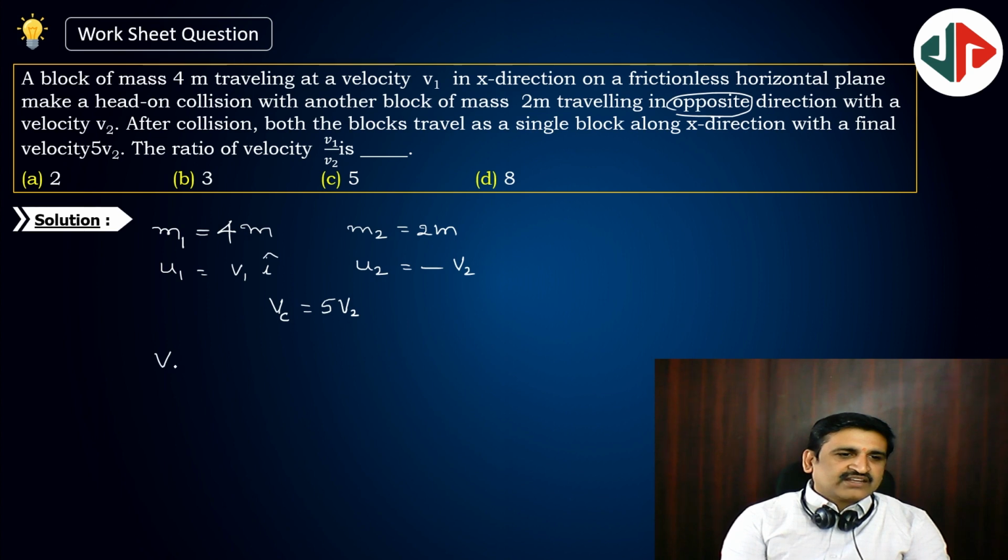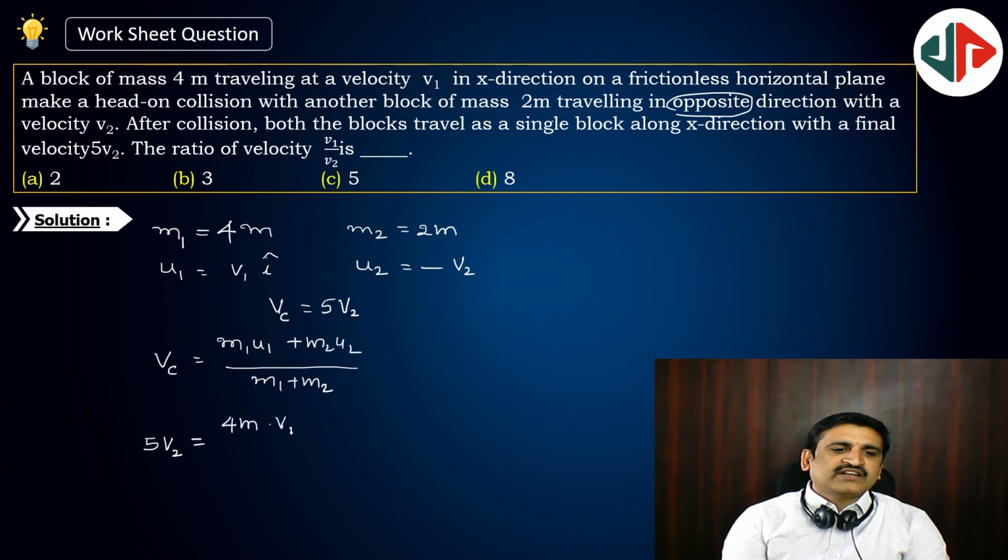We have common velocity equal to m1 u1 plus m2 u2 by m1 plus m2, total momentum by total mass. So common velocity 5v2 is equal to m1 u1, which is 4m into v1, minus 2m into v2, by m1 plus m2, 4m plus 2m. So here it is 4m v1 minus 2m v2.